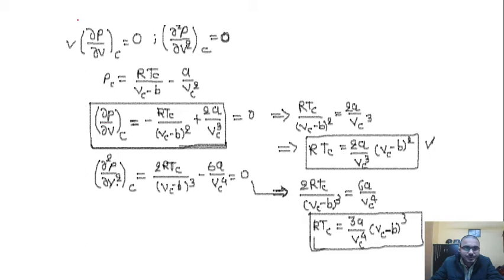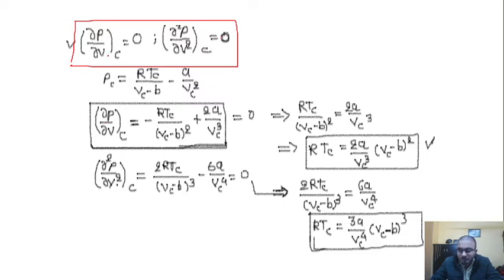So here we are going to use these two properties at the critical point, that is del P over del V and del 2P over del V square at the critical point are 0. This is the standard van der Waals equation in which we have put PC, TC and VC everywhere, that is critical points.